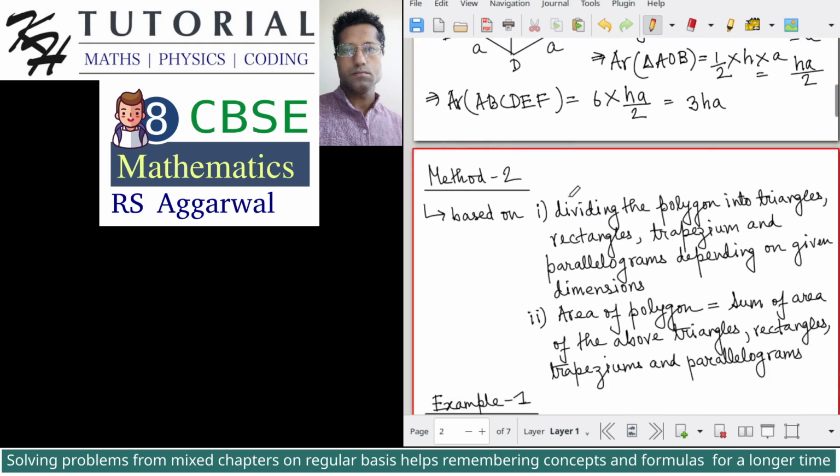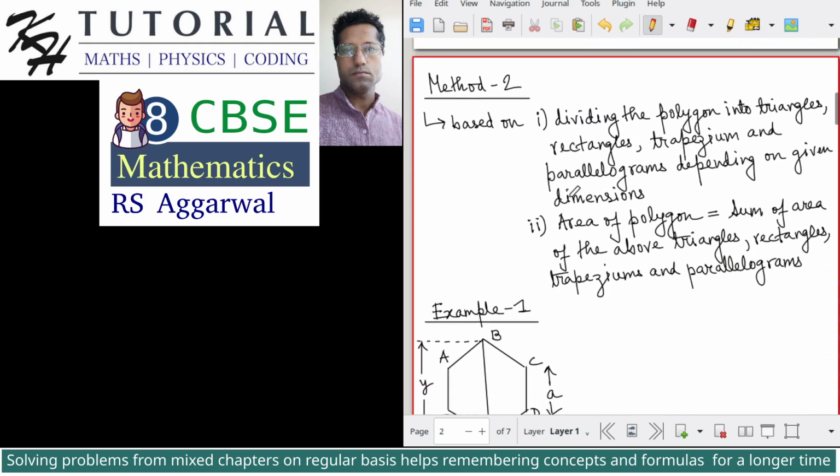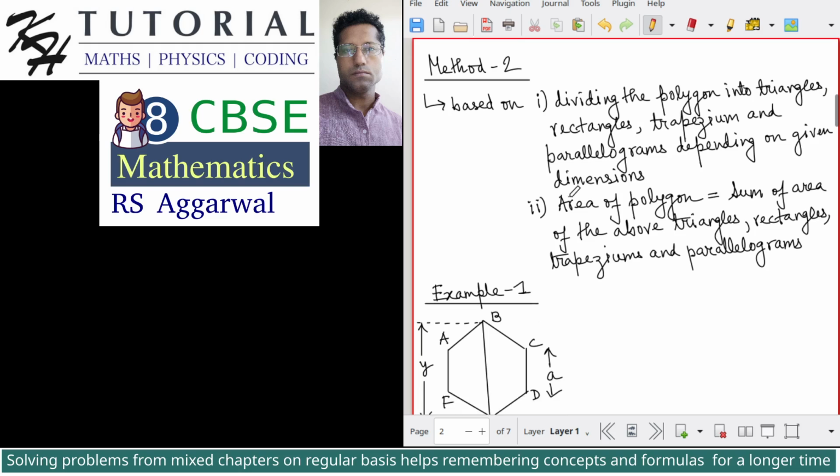Method 2 is most widely used, and most of the problems that you will solve will probably be based on method 2. In this method, there is no formula. We just depend on the number of sides and the given dimensions.